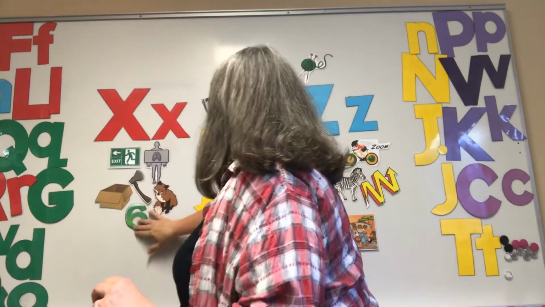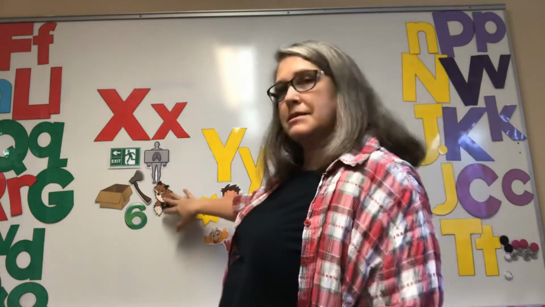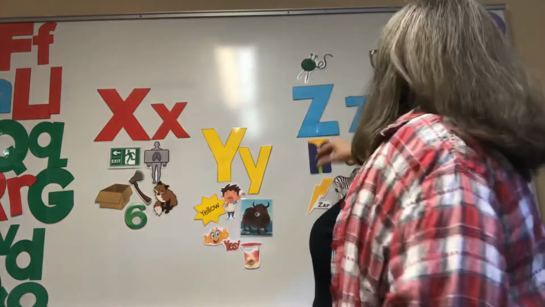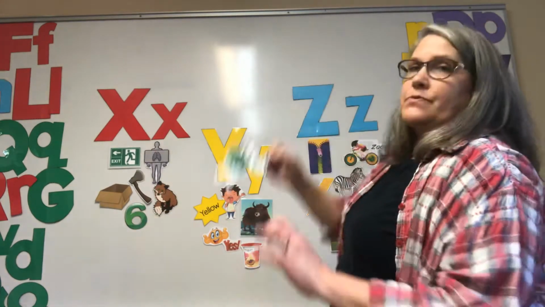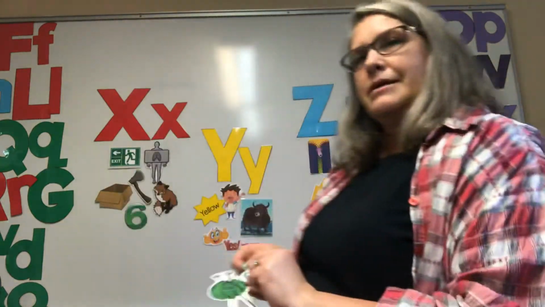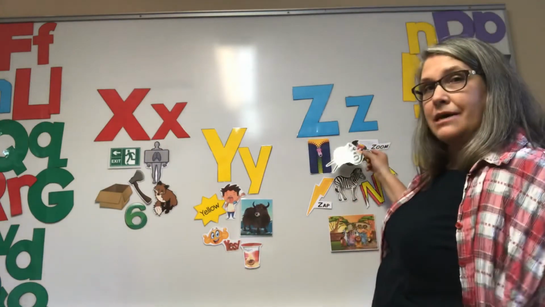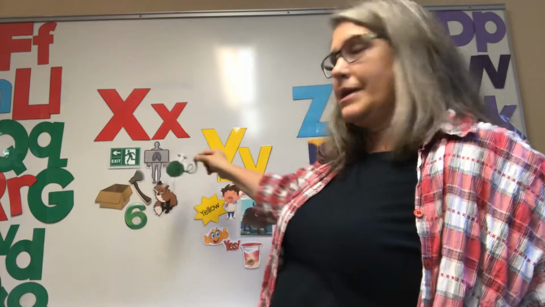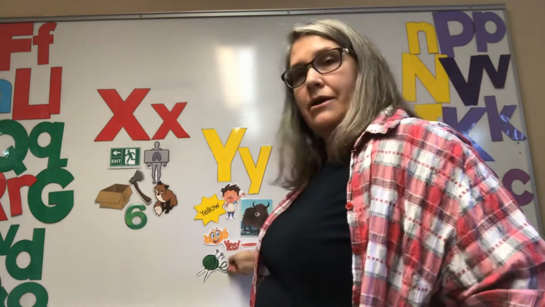We did that last month. 6 starts with X. It's like fox, axe, box, 6. And one last one is, what is this? Yarn. We don't hear a Z sound in yarn. We don't hear an X sound in yarn. We hear a Y sound in yarn.